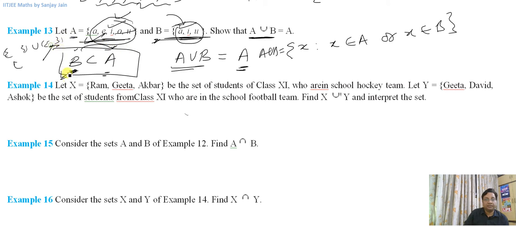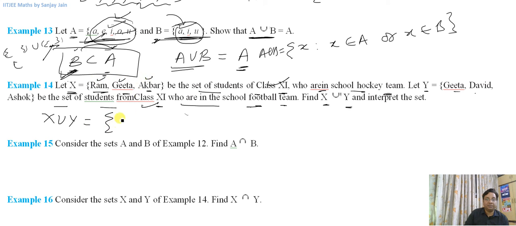X, this set gives me these three names here, be the set of students of class 11th who are in the school hockey team. And there is another set, Geeta, David and Ashok, be the set of students from class 11th, these are also from class 11, who are in the school football team. Now I am looking for union of these sets, X union Y. So X union Y will give me Ram, Geeta and Akbar for sure.